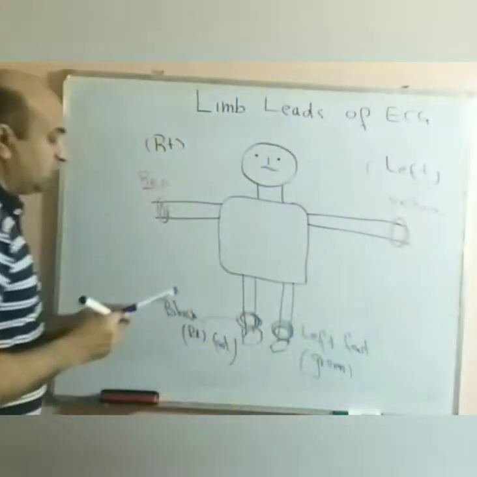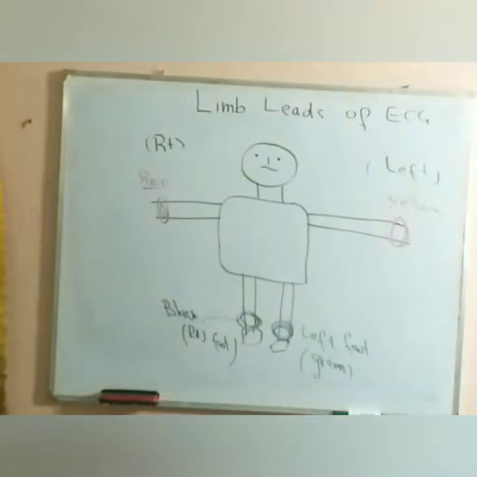So initially when the ECG machine was being devised, or it was known as the galvanometer, he placed 4 limb leads on the body, which we still place in the same locations, and they were given certain colors. Now we know them by the colors.